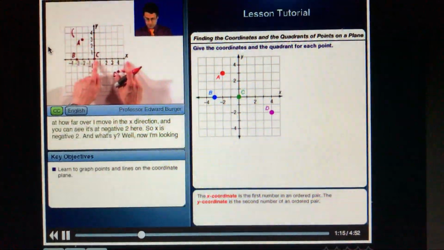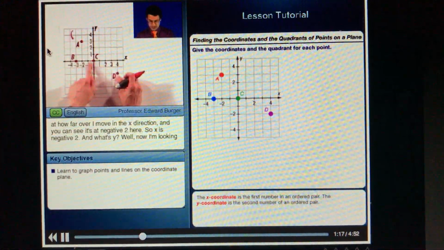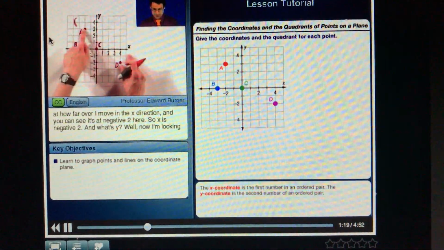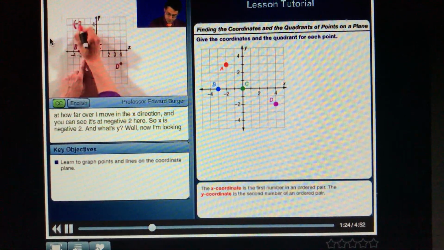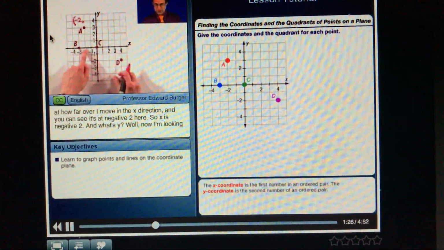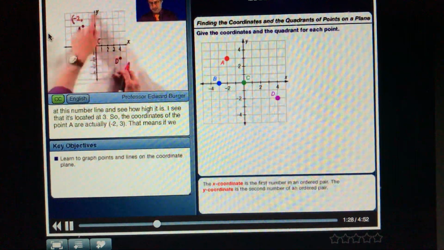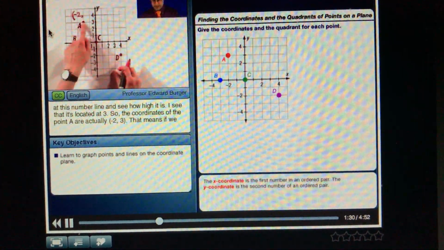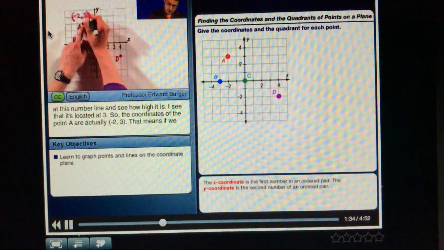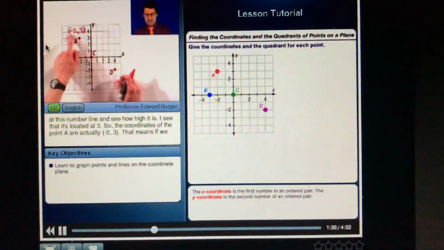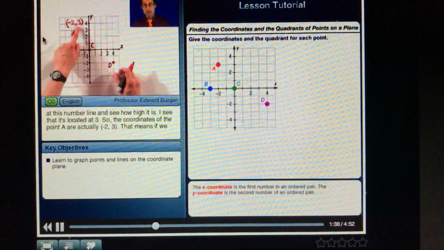So I look at how far over I move in the x direction, and you can see here it's at -2. So x is -2. And what's y? Well, now I'm looking at this number line to see how high it is. I see it's located at 3. So the coordinates of the point A are actually -2, 3.